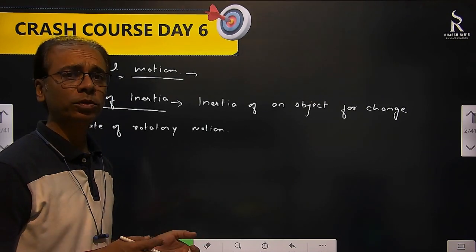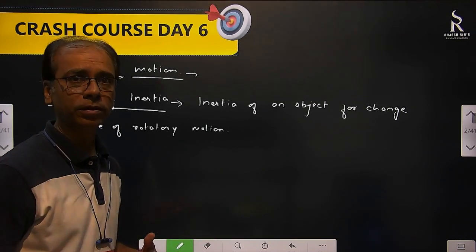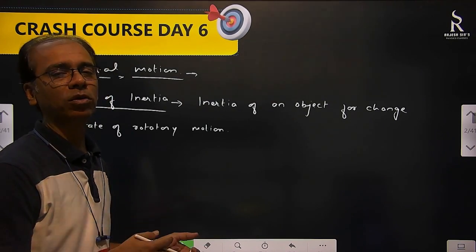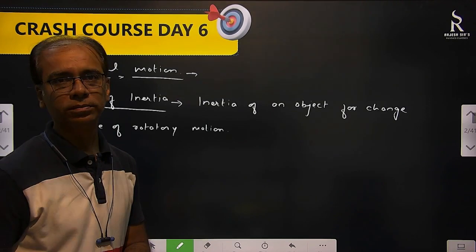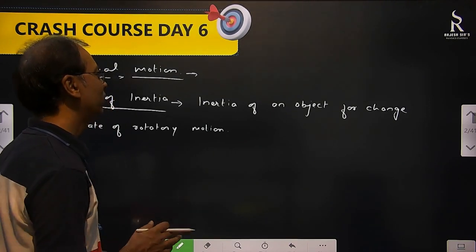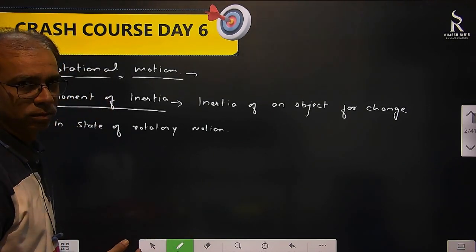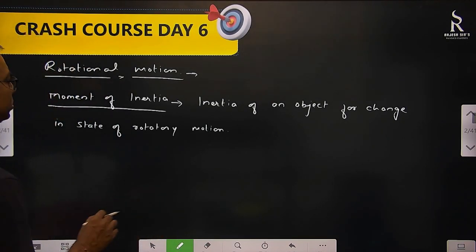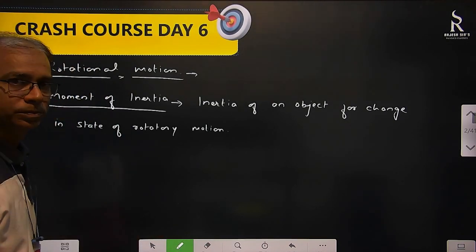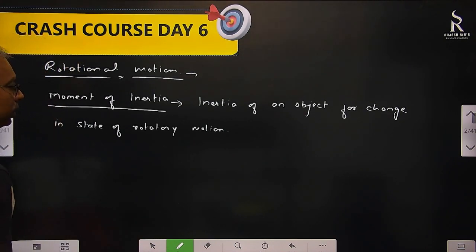If you want to put it in motion, you have to apply torque. If the body is already in rotatory motion, to stop it you have to apply torque. So the inability of a body to change its own state of motion, we call inertia. Here we are calling it moment of inertia, inertia of an object for change in state of rotatory motion.